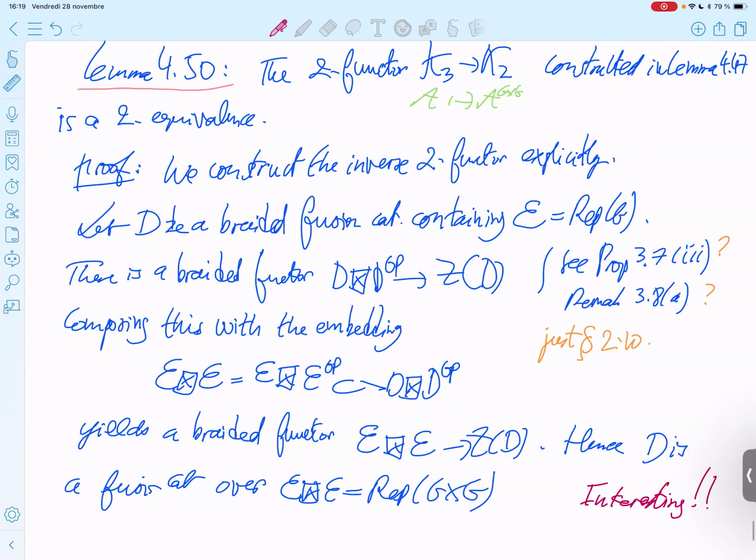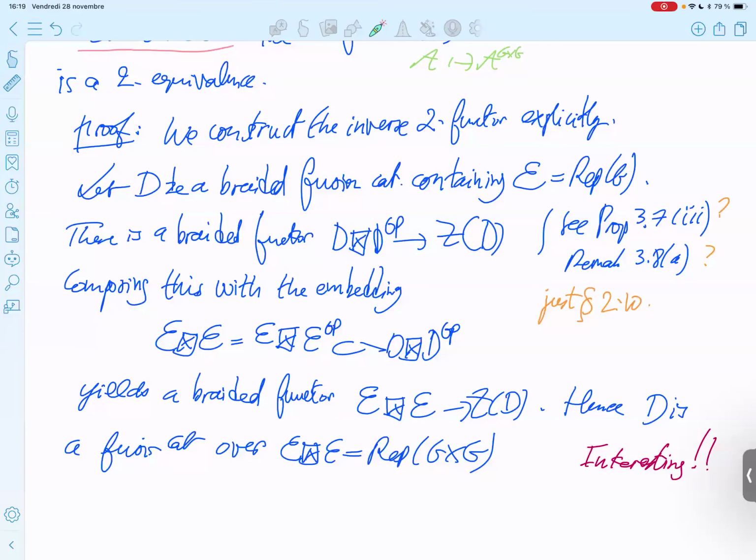And maybe this is because of this fact that to prove the main theorem, we go through an intermediate involving G cross G because of this fact. In fact, I guess maybe the idea of using this intermediate comes from this fact.